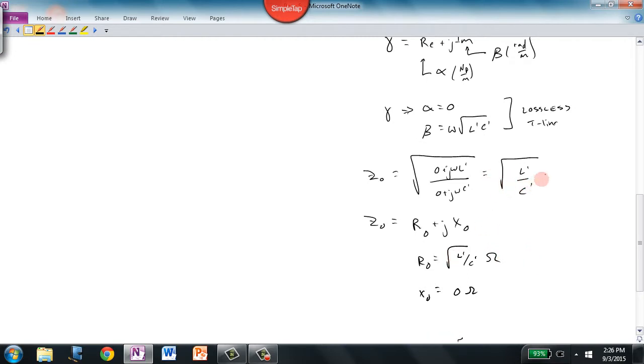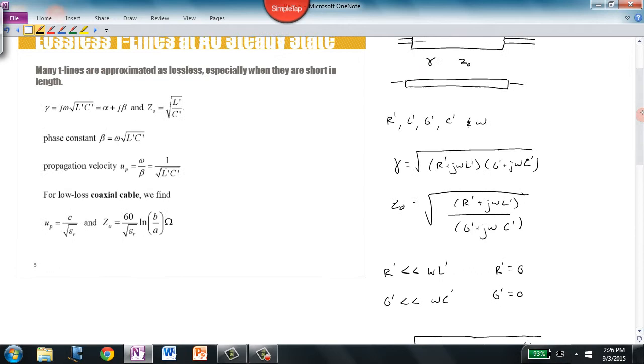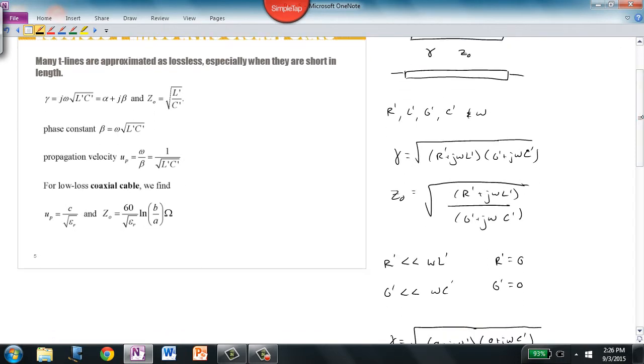There's no j here. Despite the fact that there's an L prime and a C prime under this square root, the end result is that the characteristic impedance is purely real. So that's kind of a surprising but important result. And since we often use the lossless T-line approximation, I've summarized these here. There's just one change.